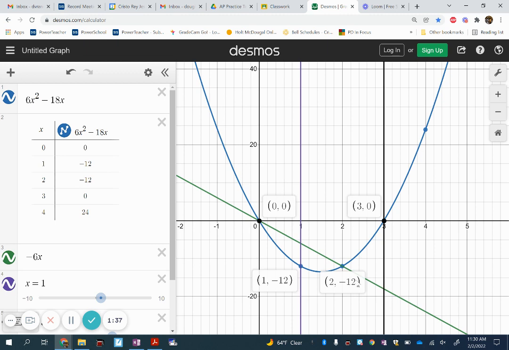So I'm going to set this up and break it down into two different integrals. The first one is from 1 to 2, where the line is on top. The second one from 2 to 3 is where the quadratic is on top. I'm going to add them together.